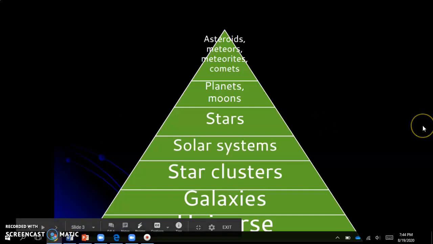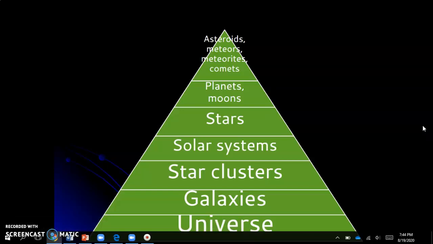Okay, so you guys do have this in your interactive notebook. This is a pyramid that shows the hierarchy of the universe. So you guys should be able to click in that green pyramid in each section and type in the words that you see on the screen here. So this is organized from largest to smallest, with the largest being on the bottom of the pyramid and the smallest being on the top.